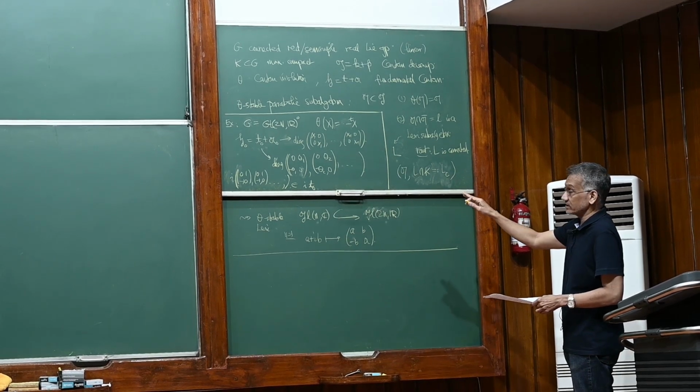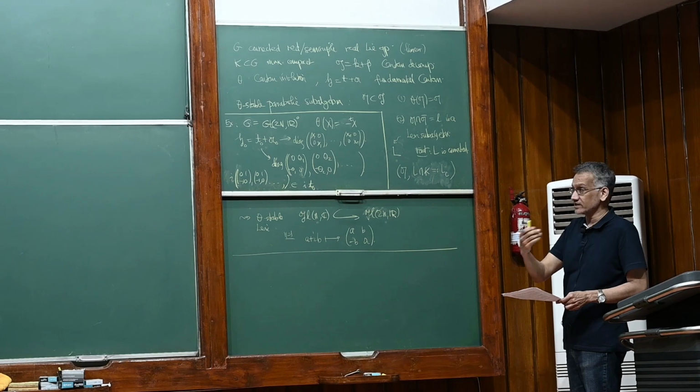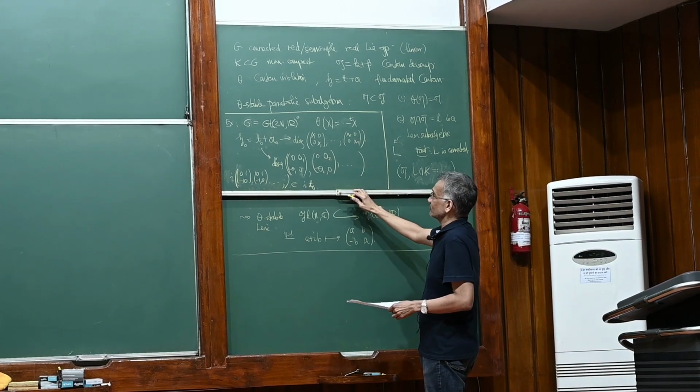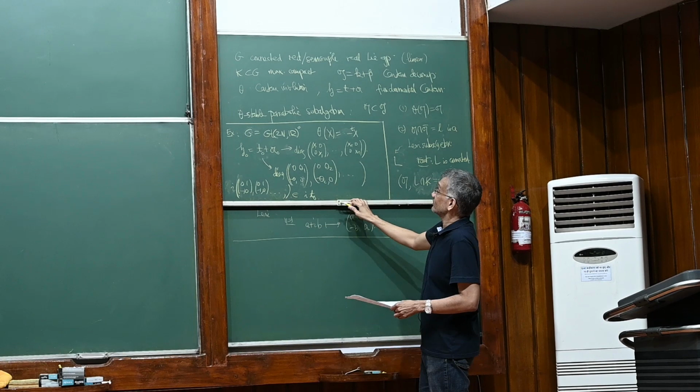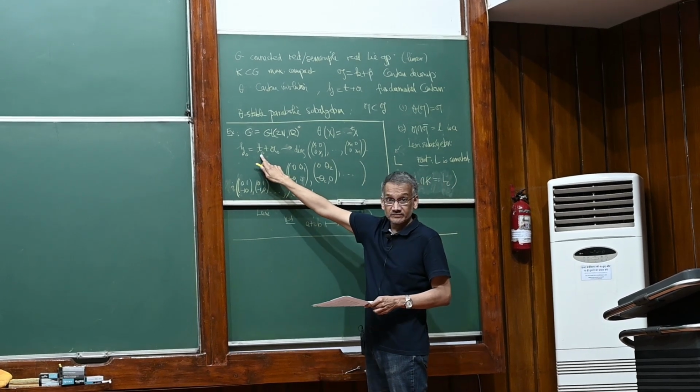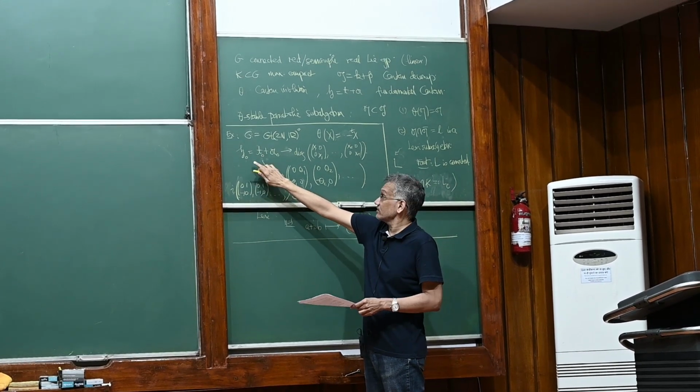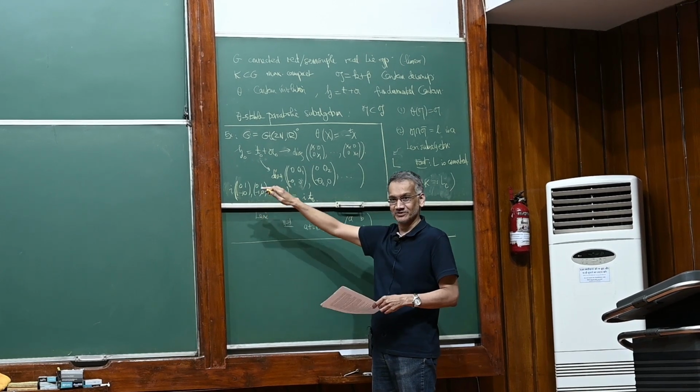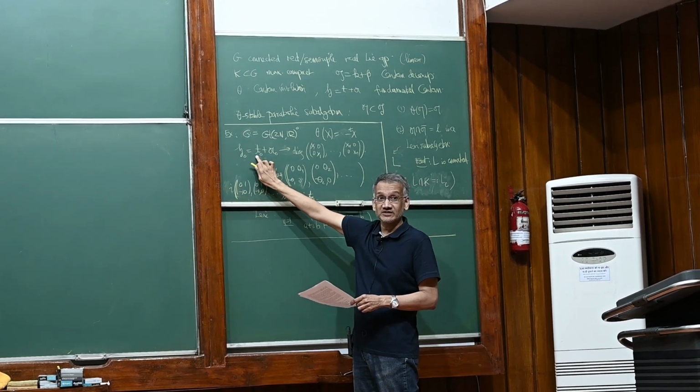That's not a complete classification, but what I just said I'll say in words because I don't have time to write it up. Namely, I choose an element of i t naught.